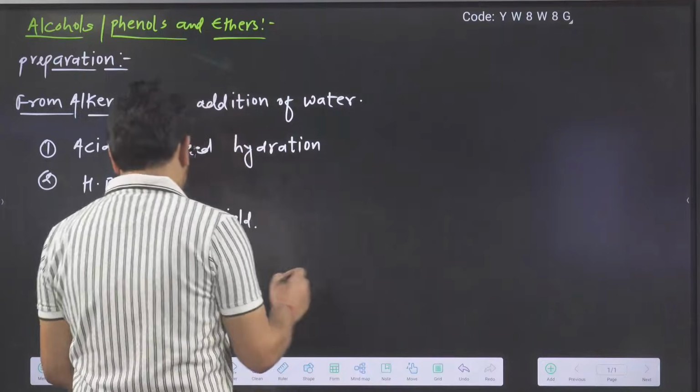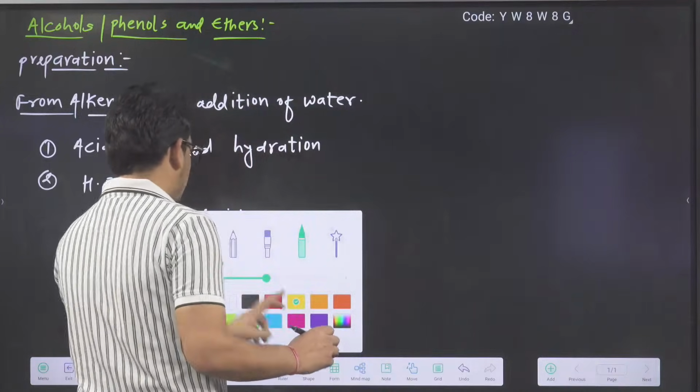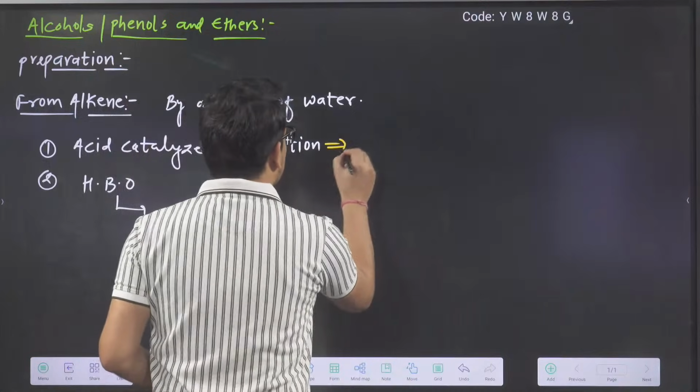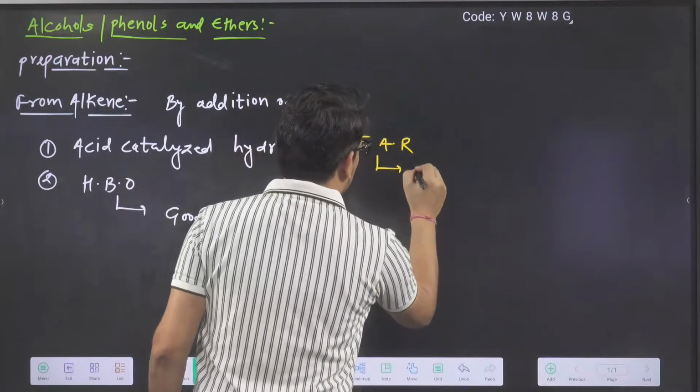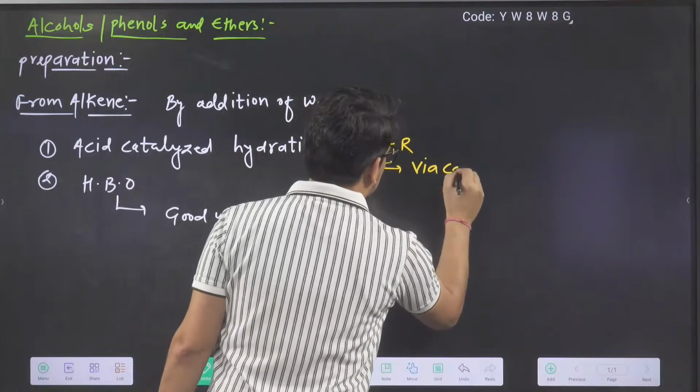Again, this is similar to the previous case: a type of electrophilic addition reaction via carbocation.